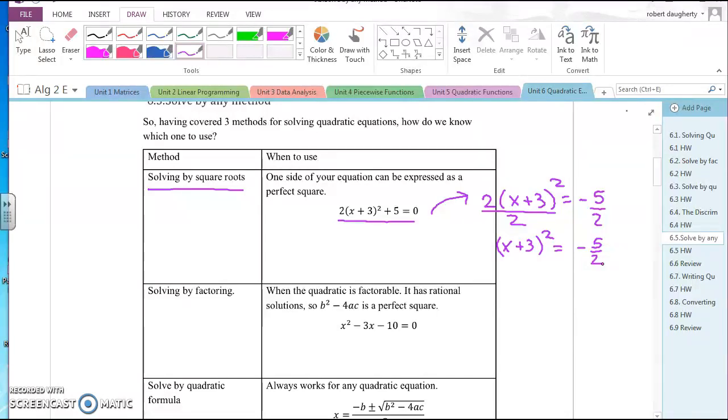Now it's pretty easy to take the square root of both sides. If I take the square root of both sides of this equation, I'm going to get x plus 3, because you take the square root of something squared, is going to be equal to plus or minus the square root of 5 halves. Sorry, that's negative 5 halves. Let me back up.